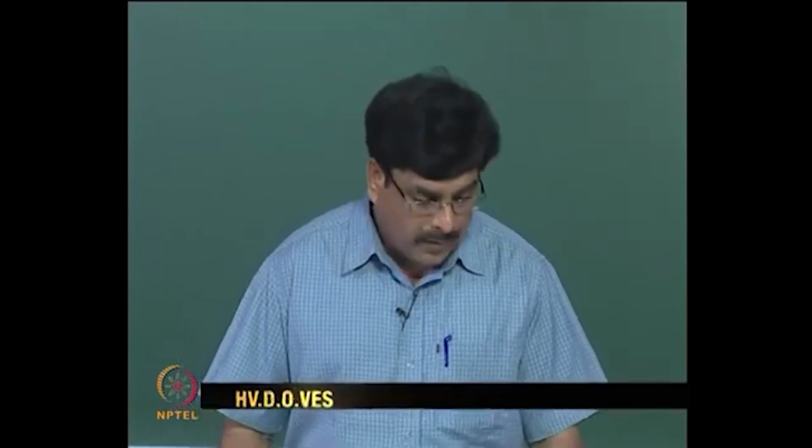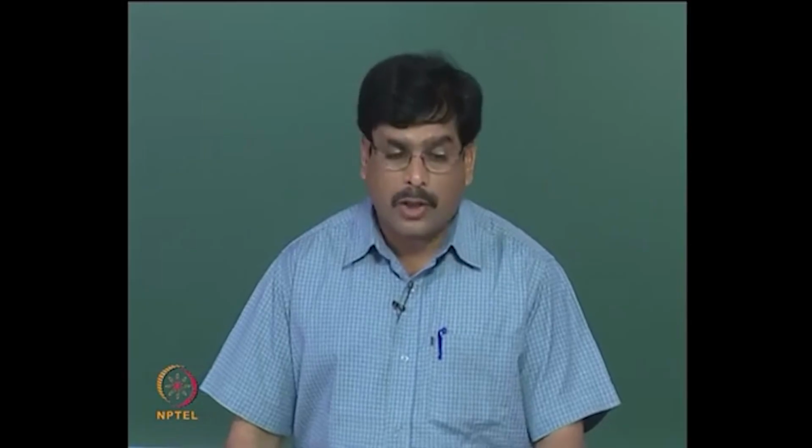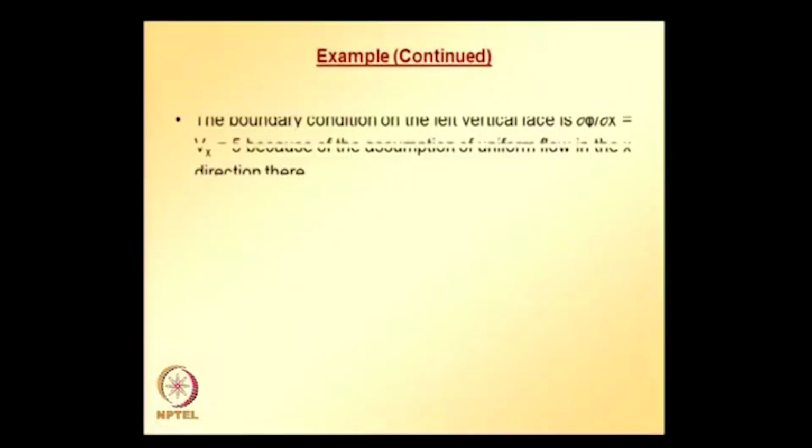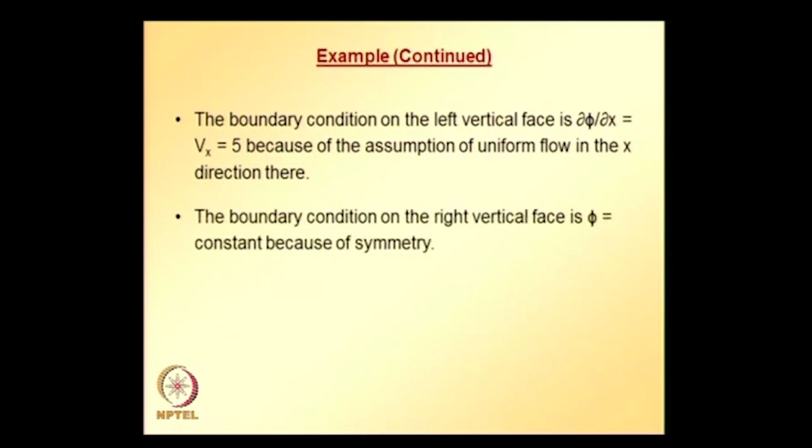As usual the procedure is the same: assembly, applying the essential boundary conditions, and solving for the nodal values. Here the nodal values turn out to be the potential value, and in this problem at each node you have only 1 degree of freedom, which is the potential phi value. So, these are the boundary conditions that we already looked at.